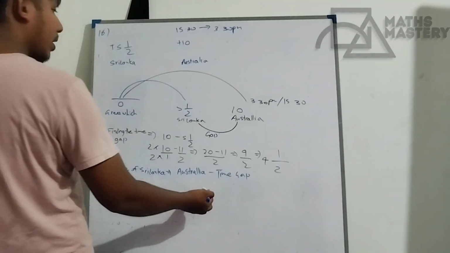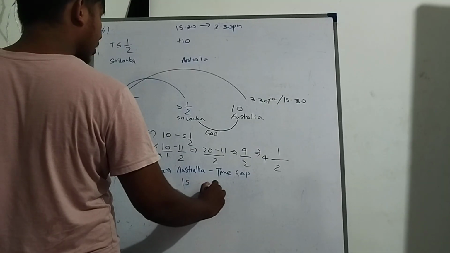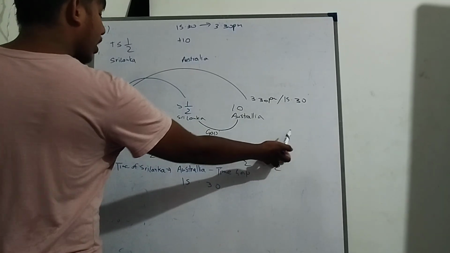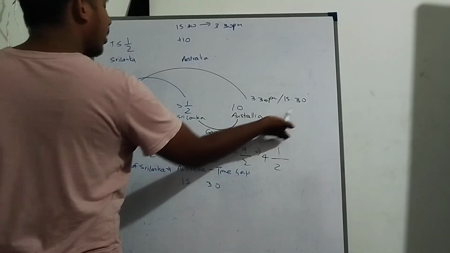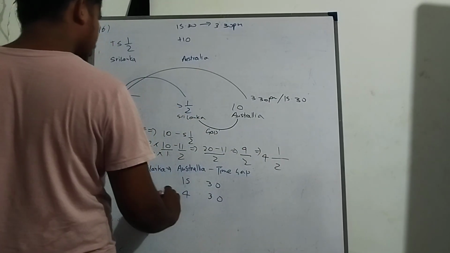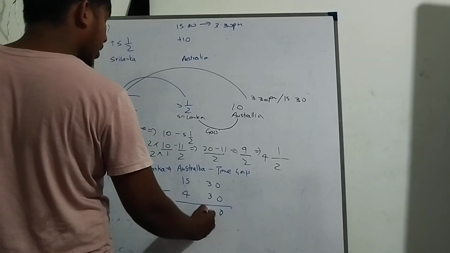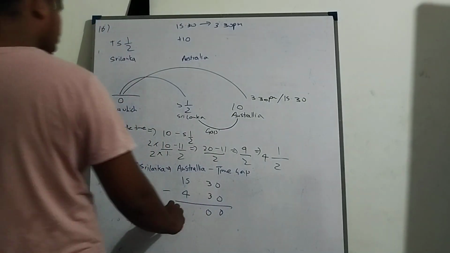Let's subtract. The Australian time is 15:30. From that you subtract 4 and a half, which means 4 hours and 30 minutes. Subtraction: 0 minus 0 is 0, 3 minus 3 is 0, 15 minus 4 is 11.